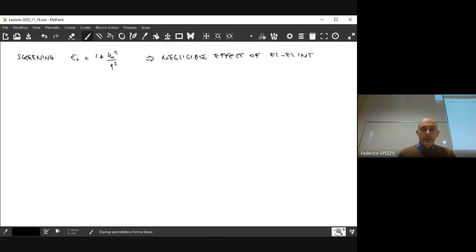So thanks to that, we have a negligible effect of the electron-electron interaction, but there is another physical motivation behind this negligible effect.